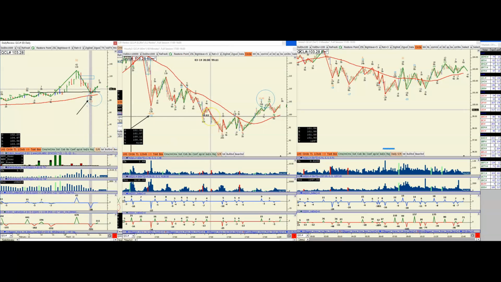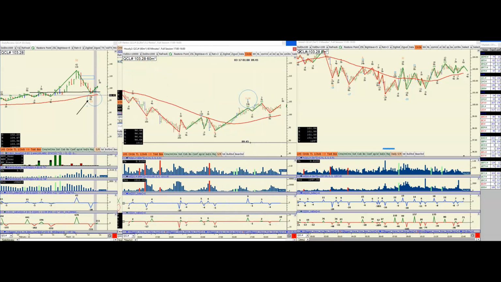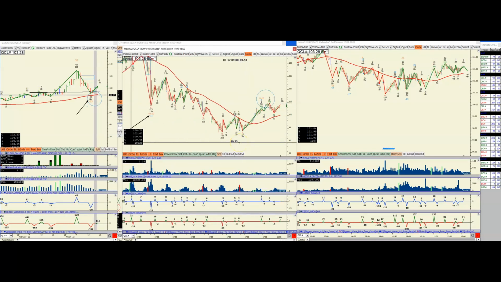As it went to a support level on a higher time frame, you see here the hourly turn. The indication that the hourly turn came from this up wave, which had an increase in distance and duration. The distance is $9,000. The duration is 24 bars.